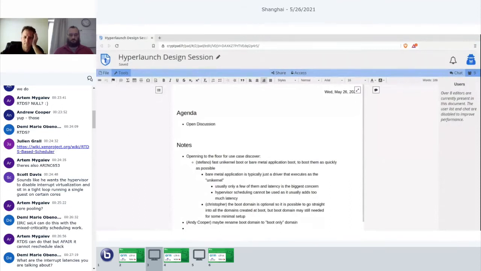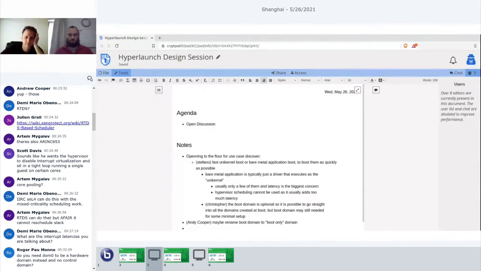So then you have DOM0less with 2 DOMUs. And then the final step is, if we want, and this is where I had no idea how to implement it properly, a DOMU stopping the other DOMU. But that sounds like an XSM policy to me. Sounds like a capability, something expressed through Hyperlaunch. Something to say this DOMU has a capability to pause everybody else.